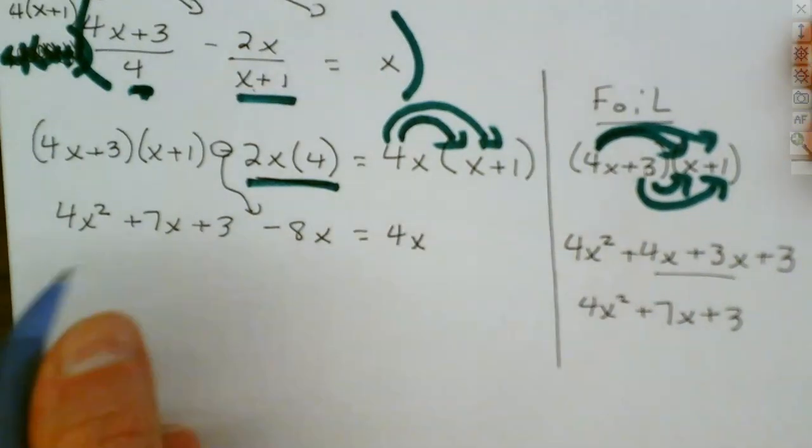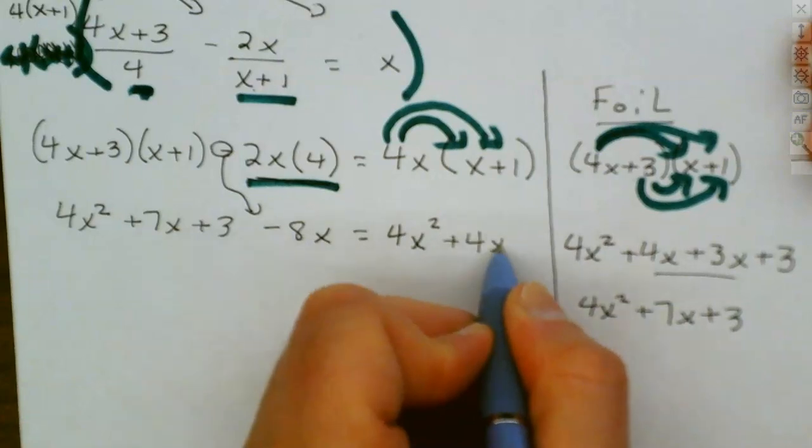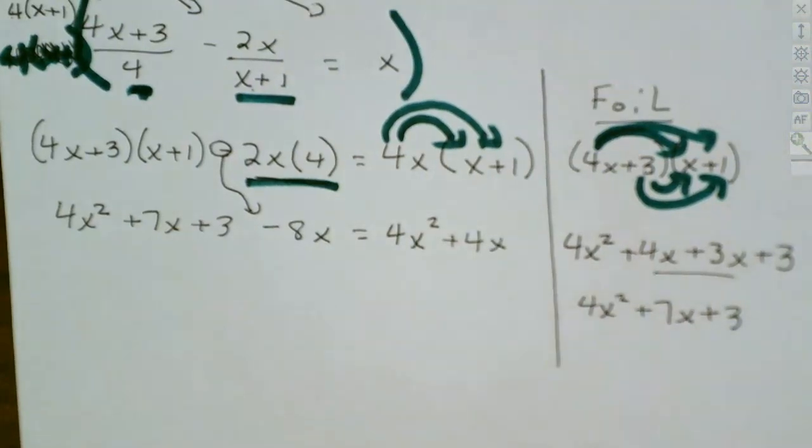And that's going to leave you with a 4x squared plus 4x. Now, I know these take a little bit of time to work through, but we're almost done. We've got a couple more steps left.